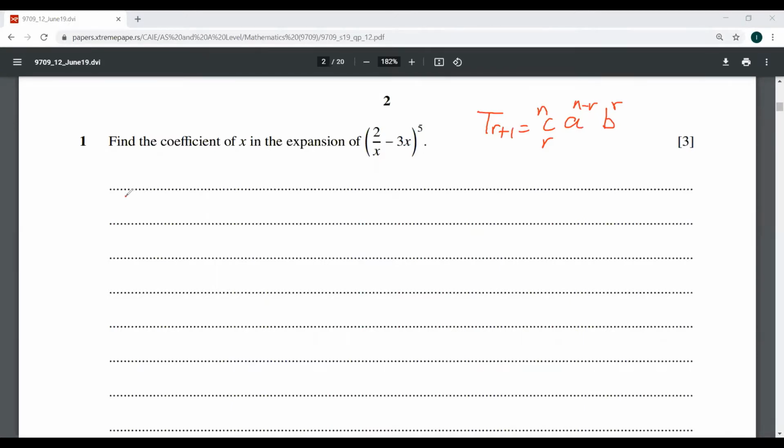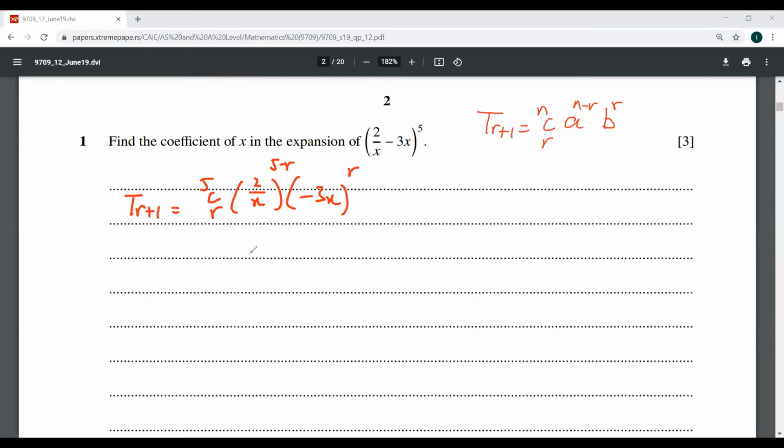So this is going to be T r plus 1, 5Cr, 2 over x raised to power 5 minus r, and into minus 3x raised to power r. So you don't need to be worried about this r and this minus sign over here. Just see what is going to be the power on x right now.